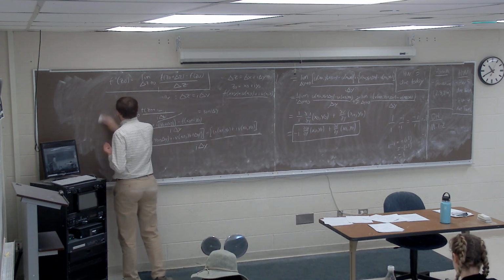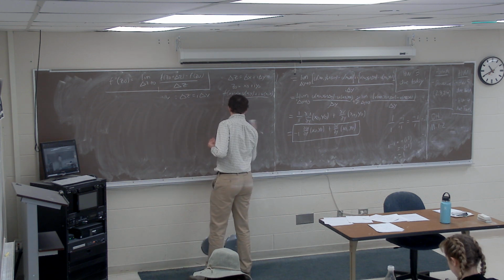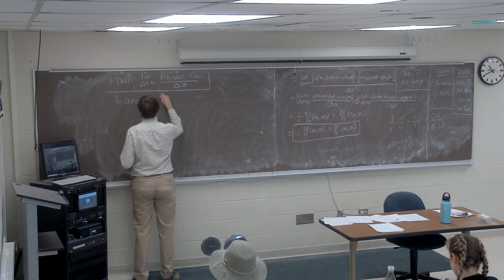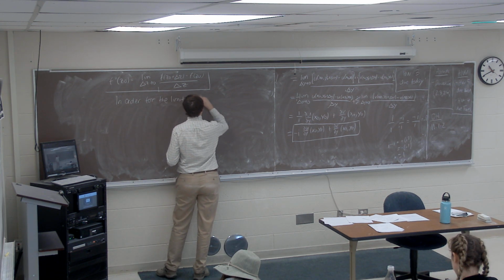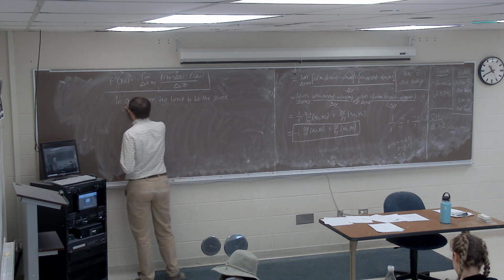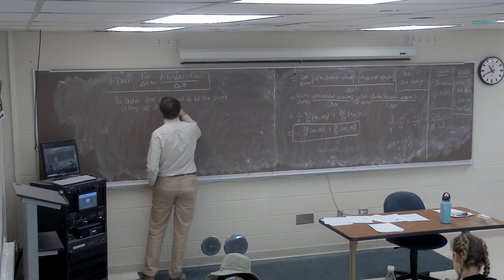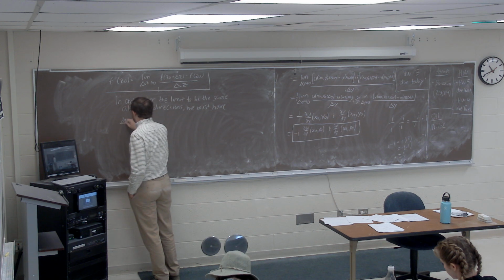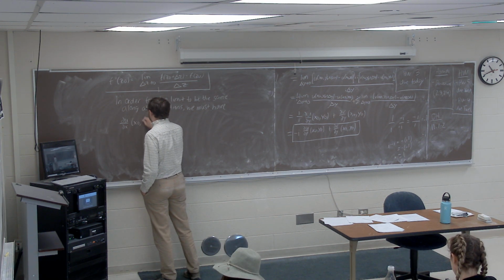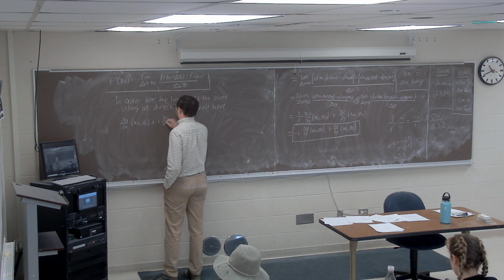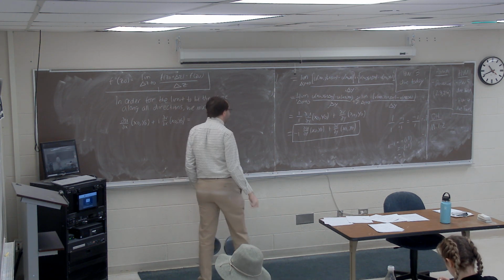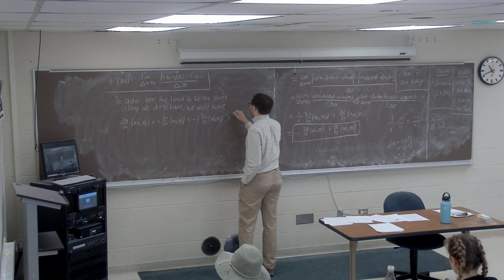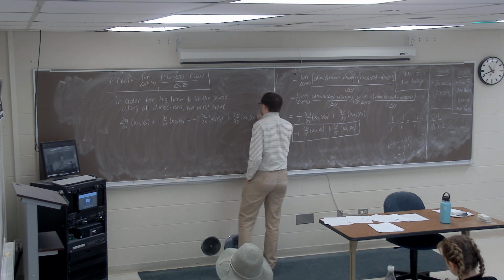So we can say, in order for the limit to be the same along all directions, it's going to have to be true that del u del x evaluated at x naught y naught plus i times del v del x evaluated at x naught y naught has to be equal to negative i times del u del y at x naught y naught plus del v del y evaluated at x naught y naught.